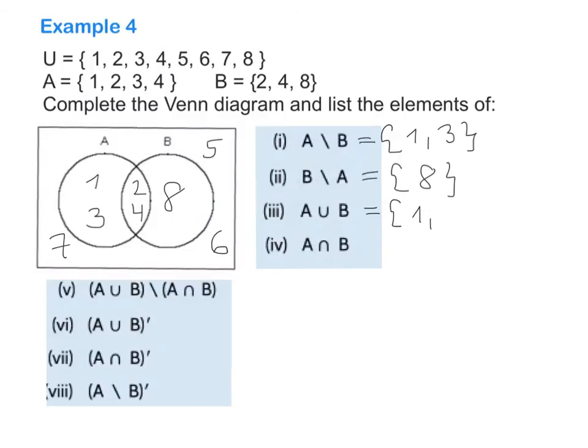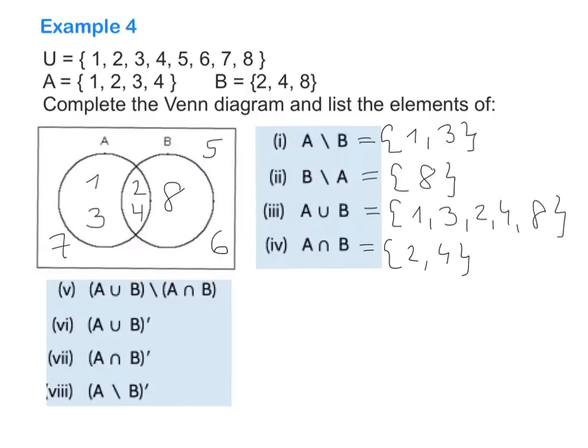And then the next one is A intersection B. Intersection means in the middle, between A and B. So between A and B, common elements are 2 and 4. Great.